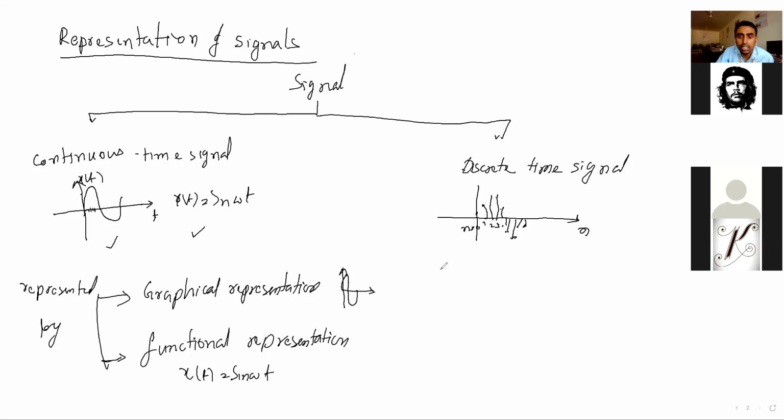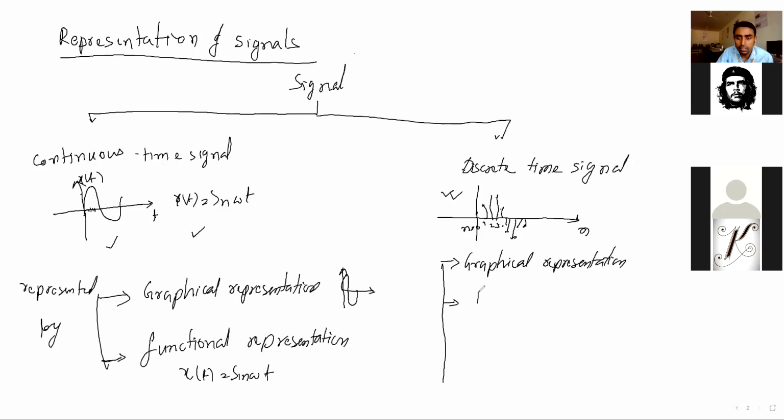Similarly, a discrete time signal can be represented in four ways. First one is graphical representation. This is one kind of example of graphical representation.